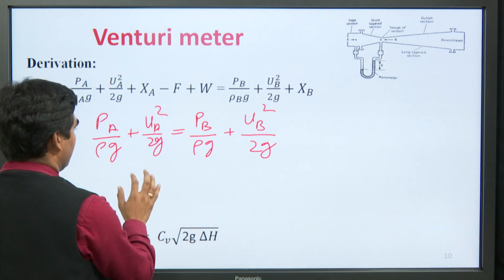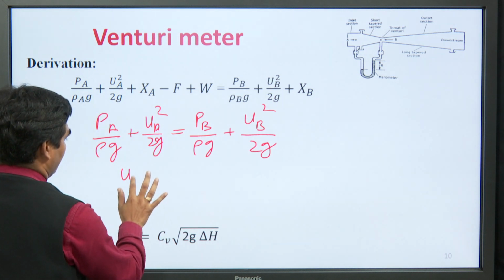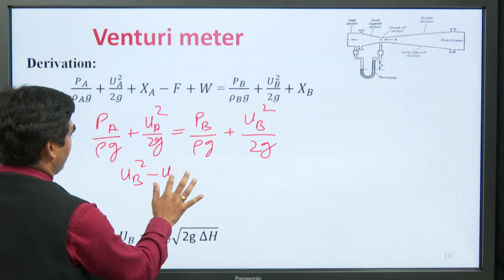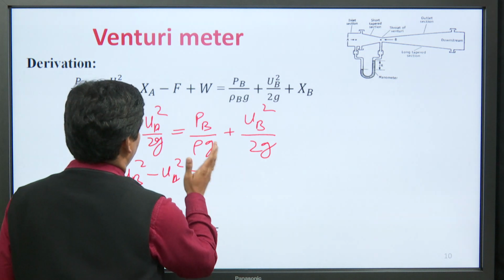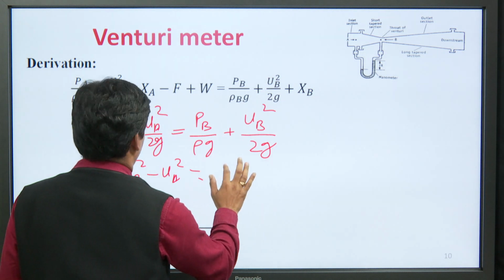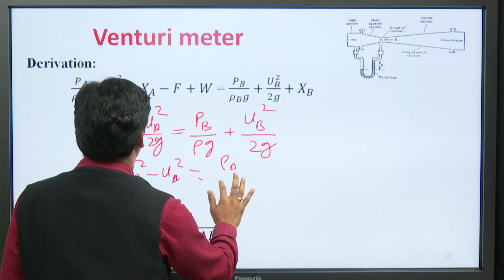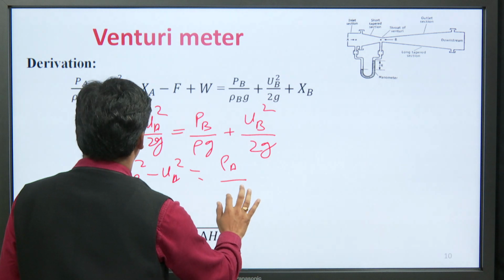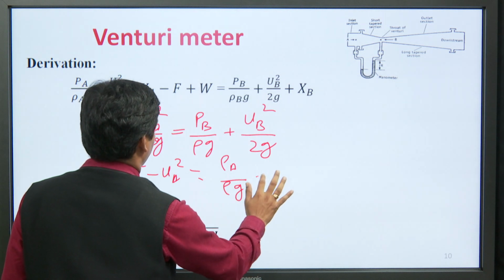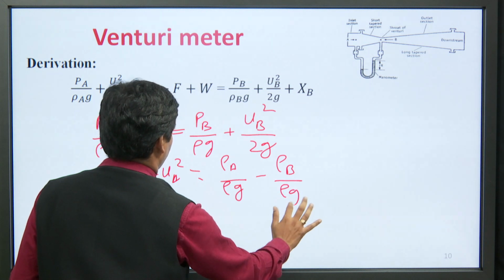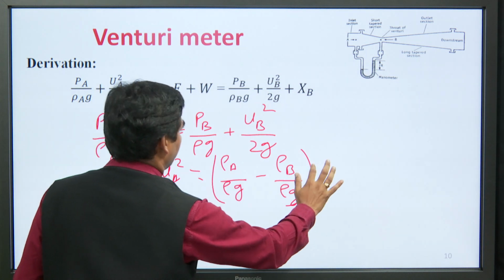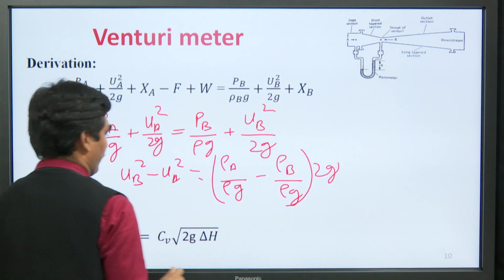Now, rearranging the equation, u_B square minus u_A square is equal to P_A by rho g minus P_B by rho g, whole into 2 g.